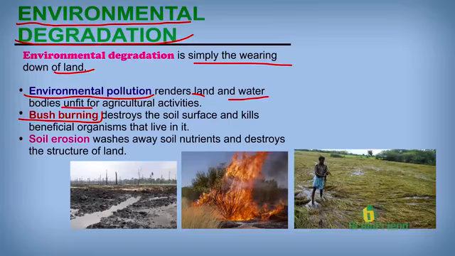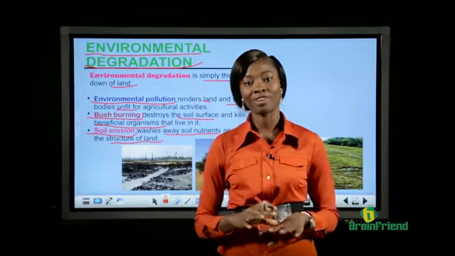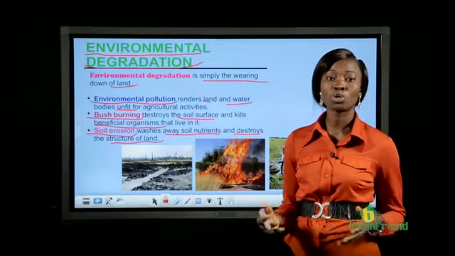Bush burning destroys the soil surface and kills beneficial organisms that live on land. And lastly, the problem of soil erosion. In soil erosion, water washes off the nutrients and destroys the structure of land. All of these problems degrade the nature and structure of our environment, thereby making it unconducive for the growth of crops and animals.